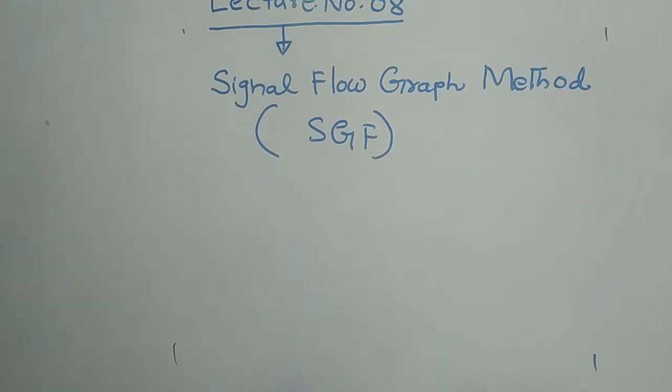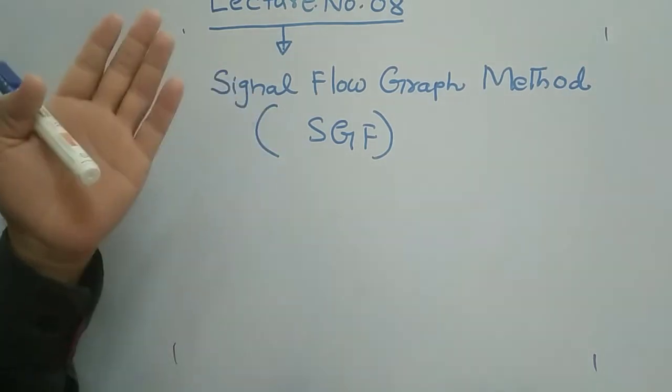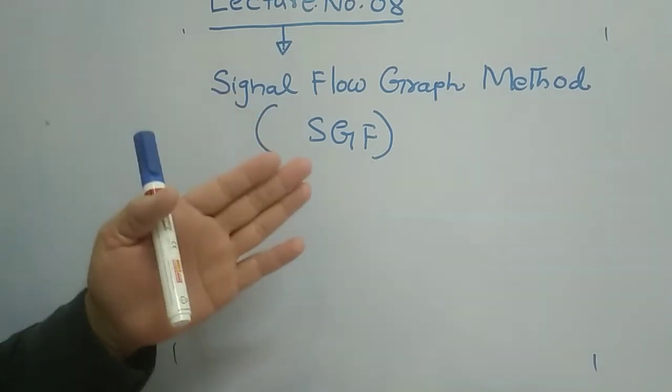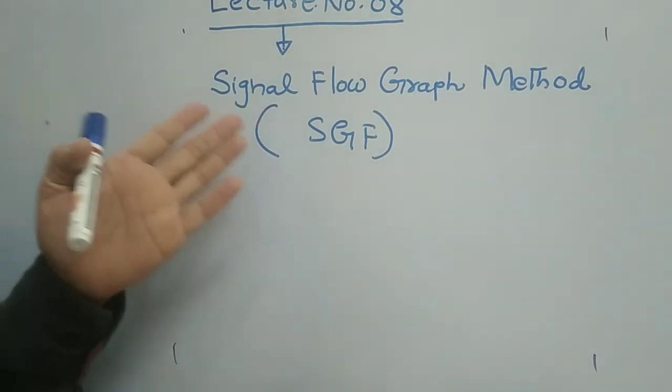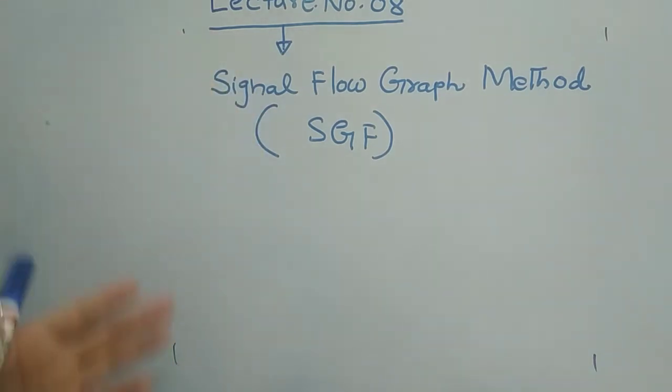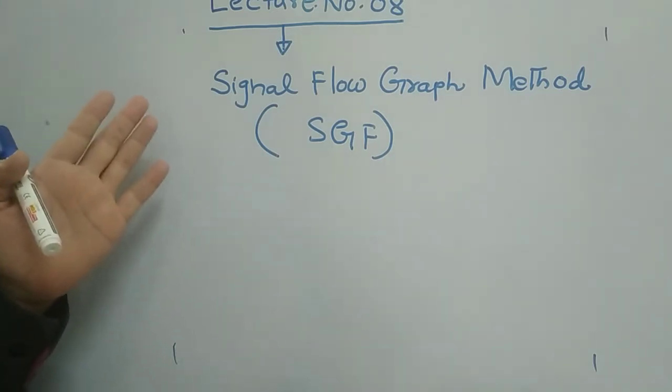So the objective of this topic is again to find the transfer function, as we have seen in our previous topic using the block diagram reduction method. The objective is the same as block diagram reduction.